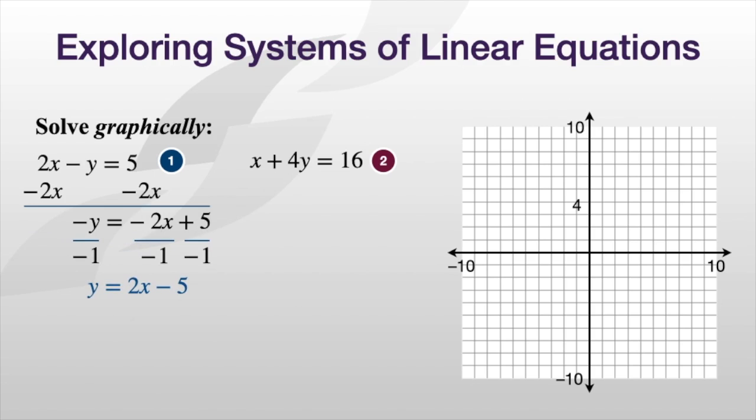The slope is 2, which can be expressed as 2 over 1. We say that the rise is 2 and the run is 1. This means that there's a vertical change of 2 for every horizontal change of 1. The y-intercept is -5. Plotting (0, -5) and moving up 2 units and right 1 unit produces a second point on the graph.